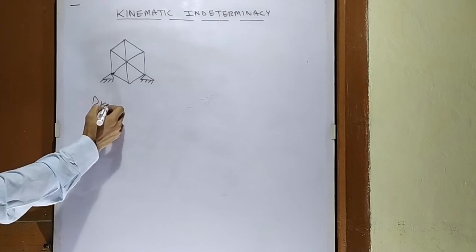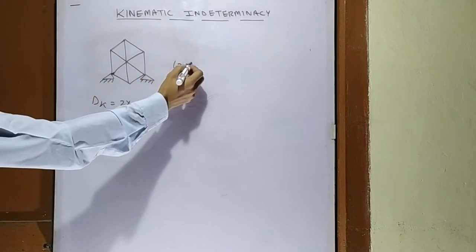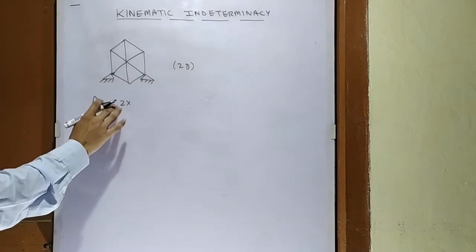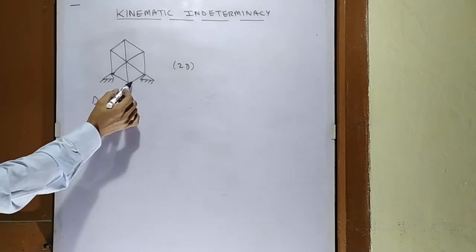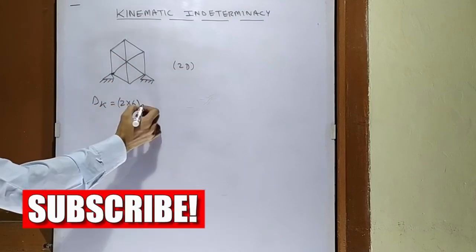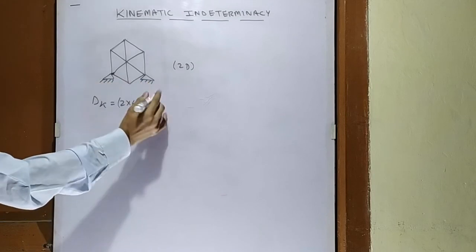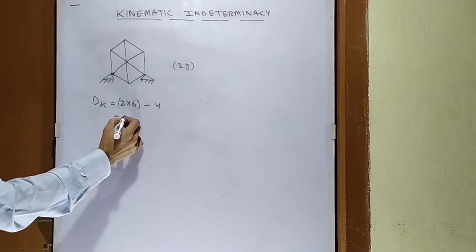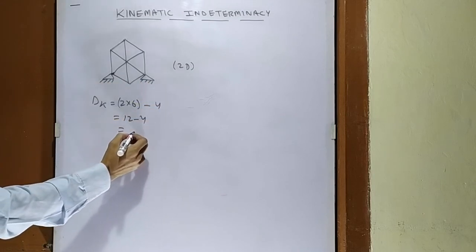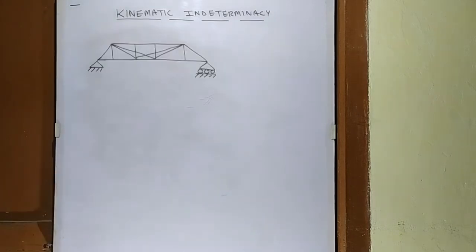This is a 2D structure, okay, we are dealing with a 2D structure right now. So how many joints are there? 1 2 3 4 5 6 joints are there, and how many reactions are available? 2 at this pin support, 2 at this pin support, so it will be 4. So this will come out to be 8. So the degree of kinematic indeterminacy for this particular structure is 8.